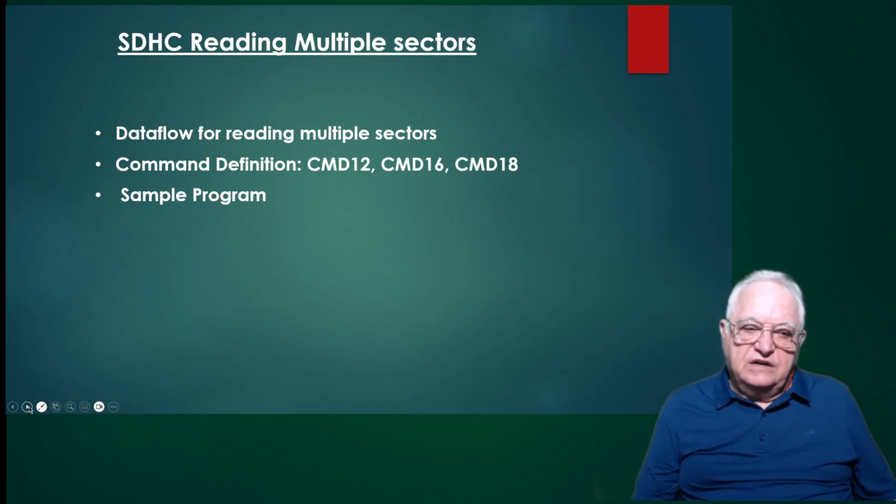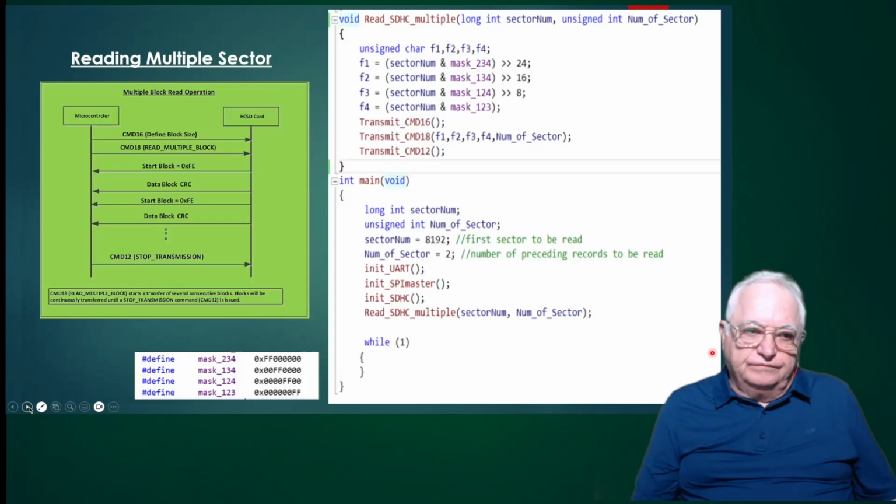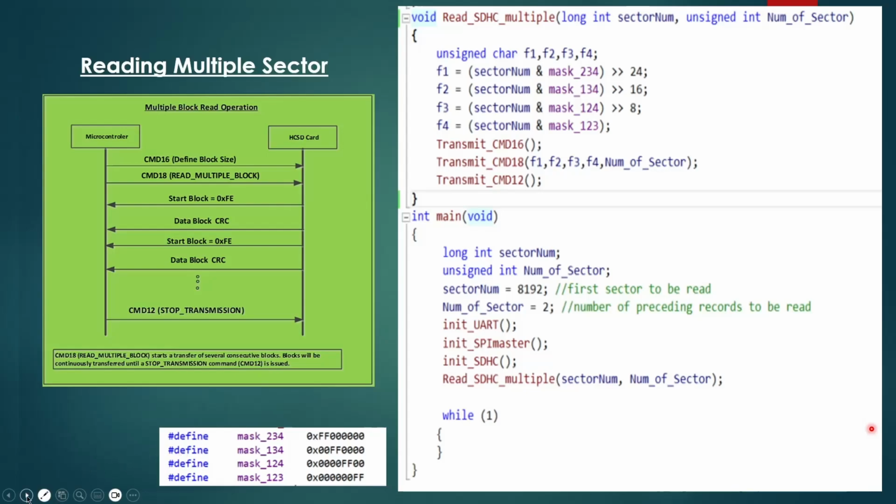So let's get started with the data flow. To read multiple sectors, we have to follow this flow. First, we send command 16, which defines the size of the block. Next, we send command 18, which is going to do the reading.